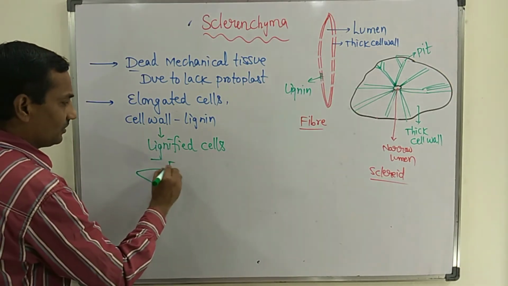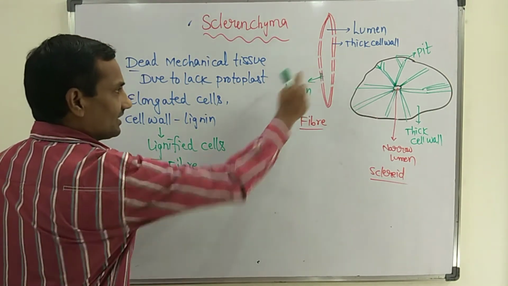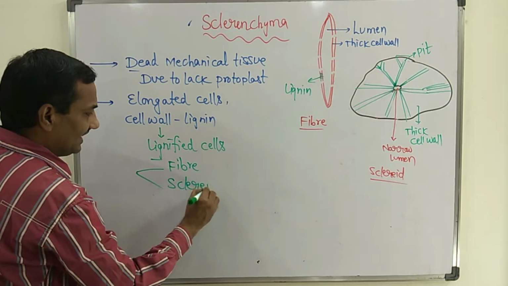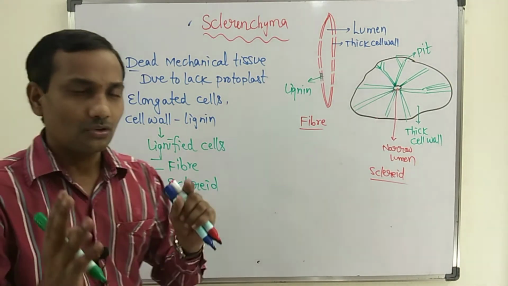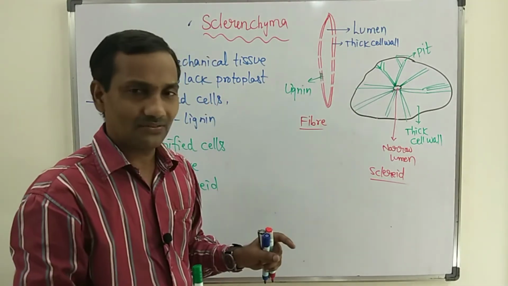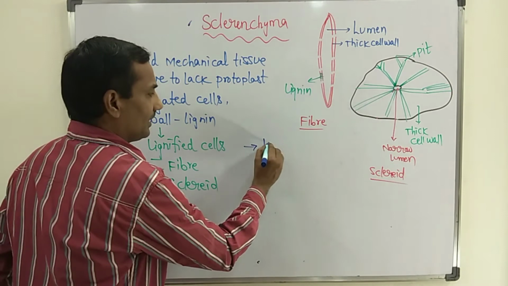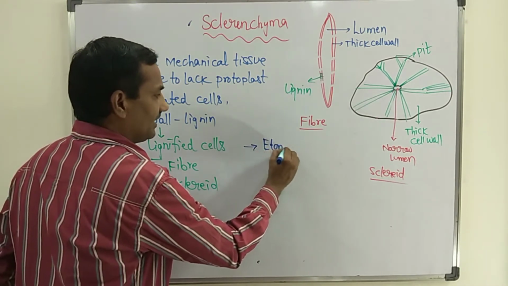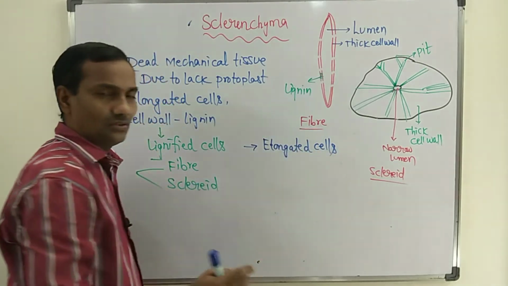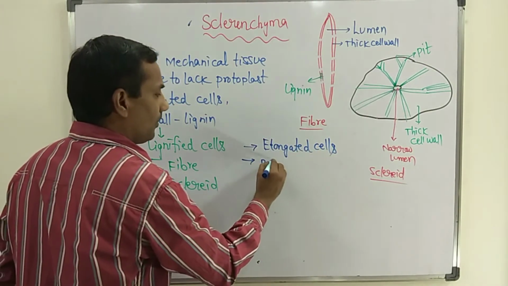The first type of cells are known as fibers. It is the structure of a fiber. The second type of cell is known as sclerid. Once you observe the structure of the fiber, fibers are usually elongated cells. They have pointed ends.